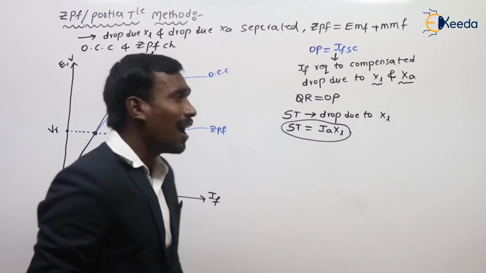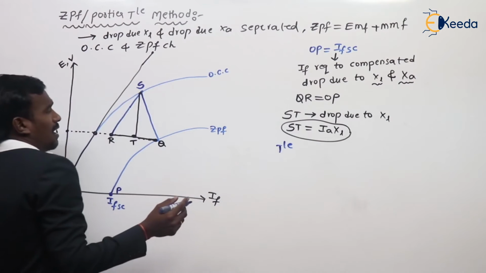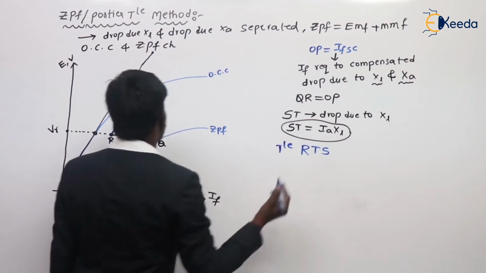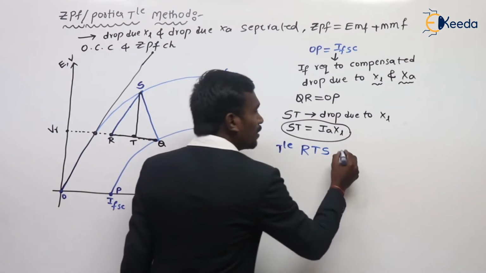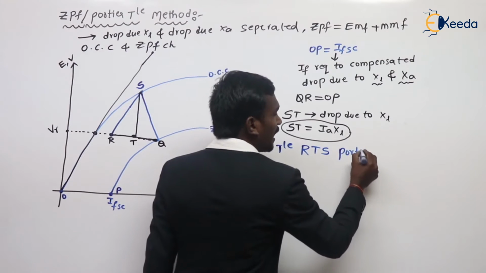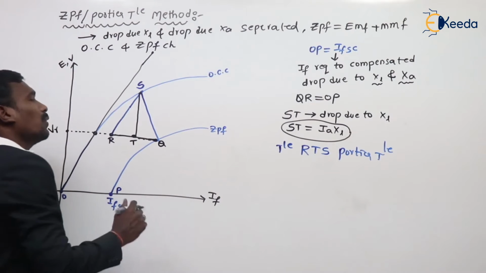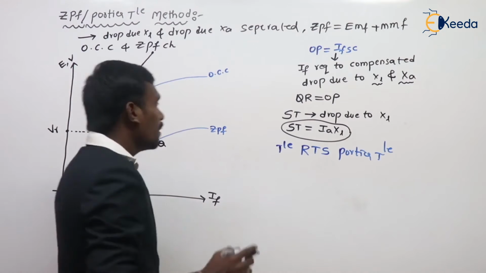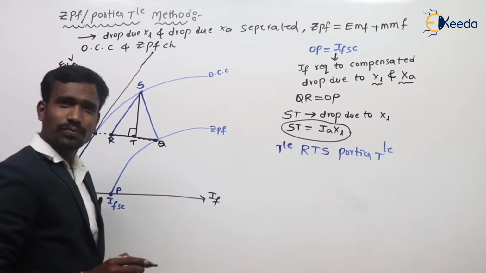The triangle RTS is called the Potier triangle. The Potier triangle is a right angle triangle.